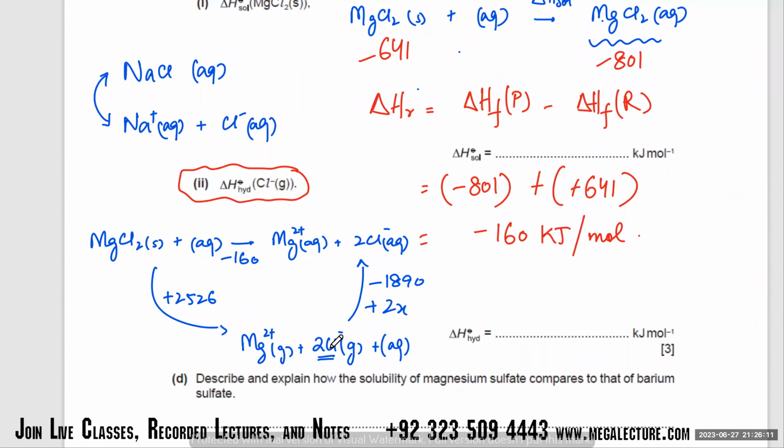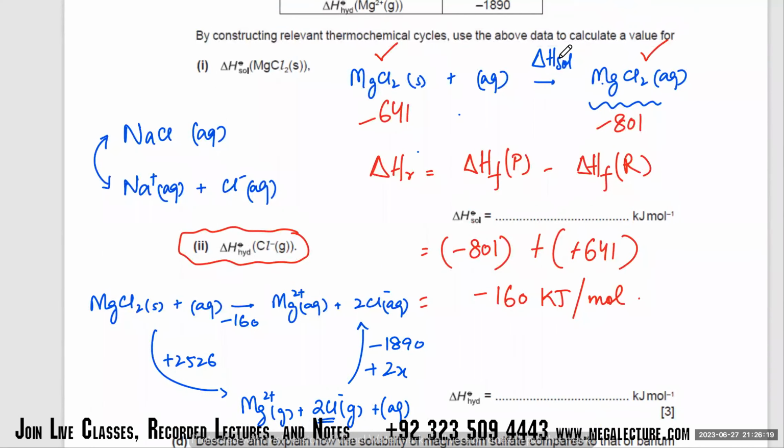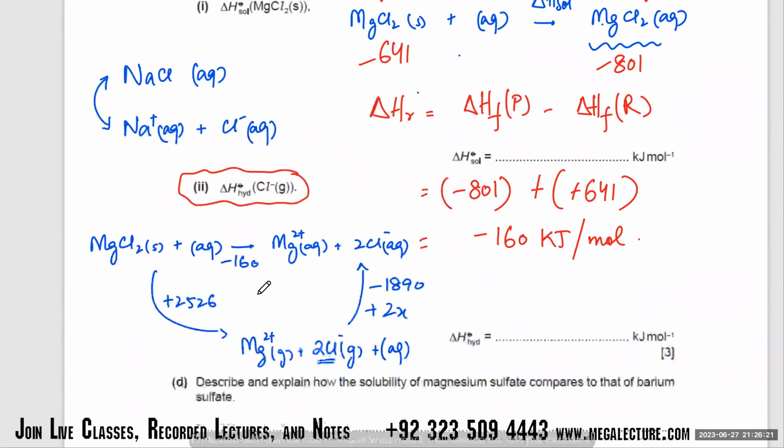Okay? My Hess cycle is complete: MgCl2 dissolving minus 160. The enthalpy of solution was found in the previous part. And once I have that, breaking the lattice, that's given in the table. Hydrating the ions, hydration of Mg ions, that's given. Cl ions, I've taken that as x. There are 2 of them, so I just took it as 2x.